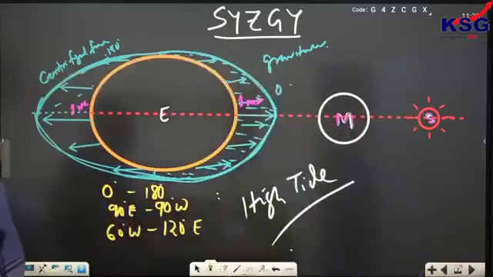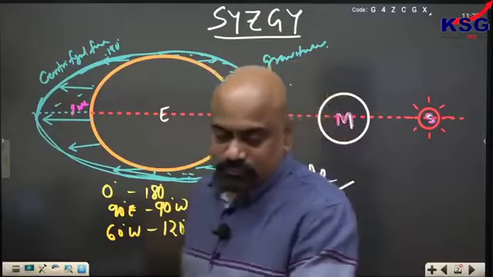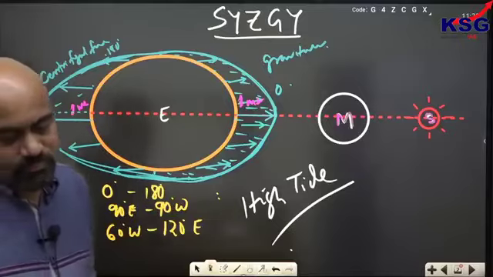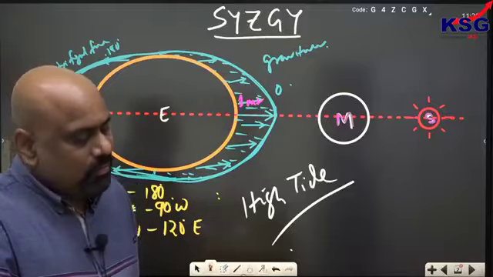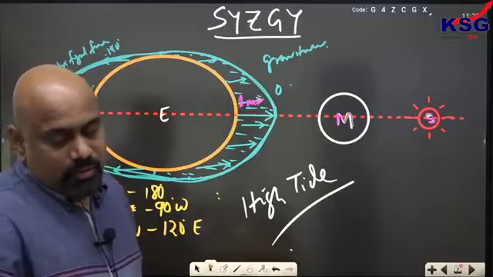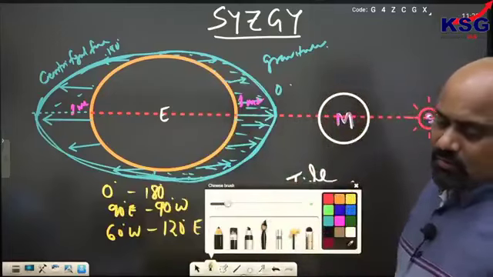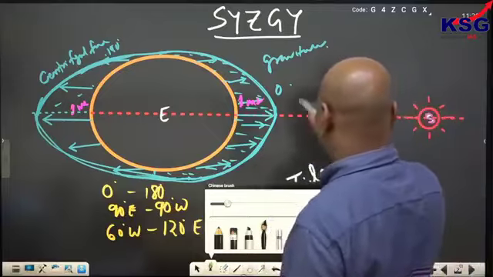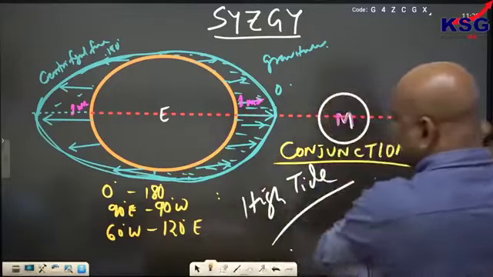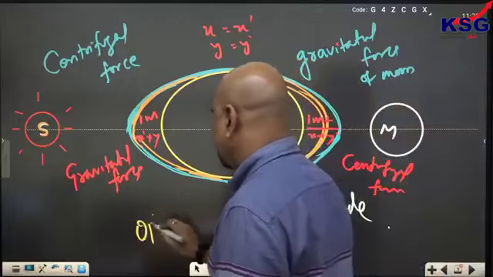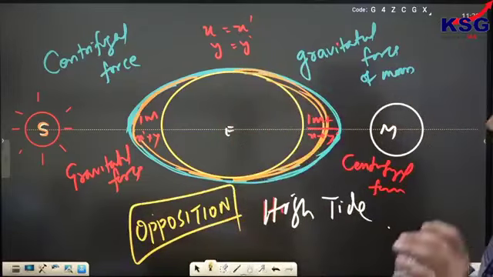Okay, they are in one line here. And when the sun and the moon are on opposite sides of the earth, this position is conjunction here, then opposition. Whenever they are in line, it is conjunction. This is conjunction, both are together here. And this one is opposition. Here one side sun, one side moon, they are on two sides.